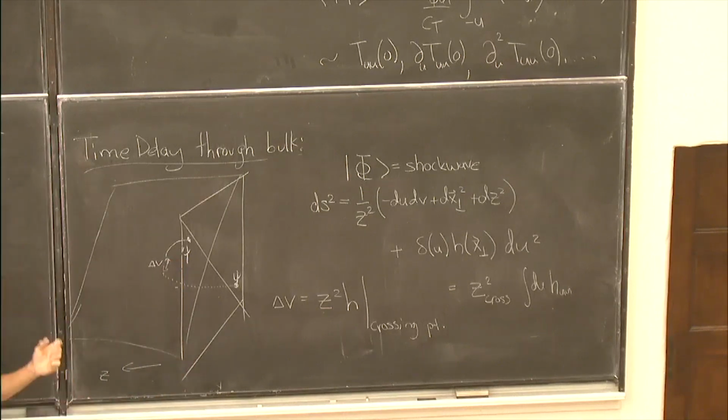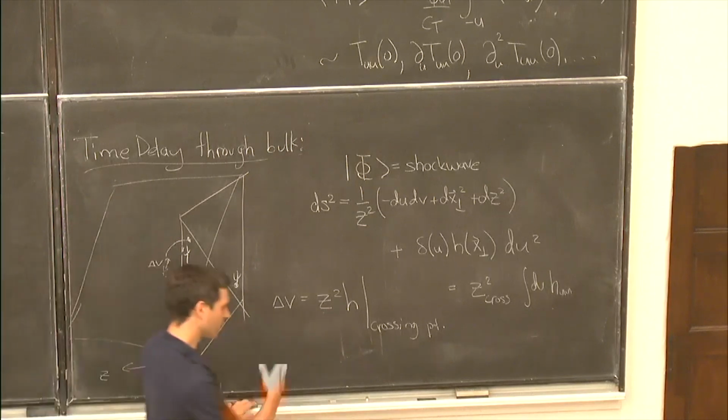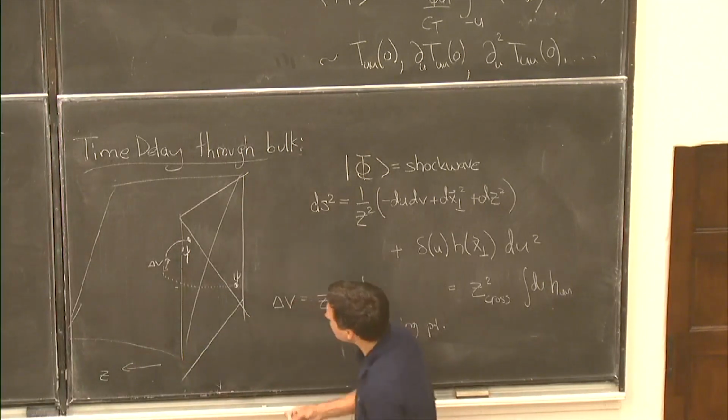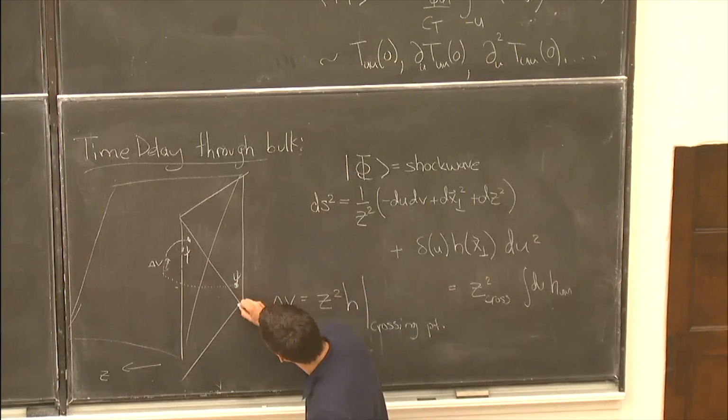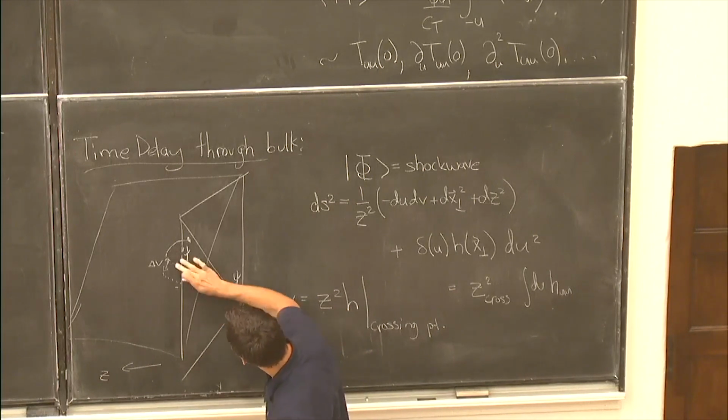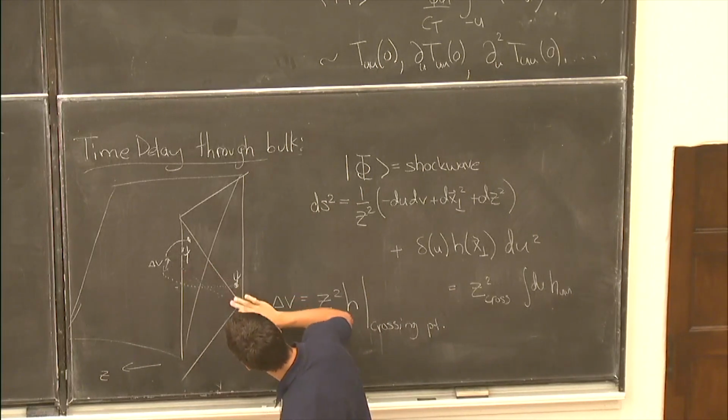But the point is, in holographic theory, I have another option. Instead of calculating this space-like probe, I can actually send a signal. So here we were talking about a space-like correlation, but now let's actually send a signal. We'll start the signal way down here somewhere, and I want to hit that same spot.